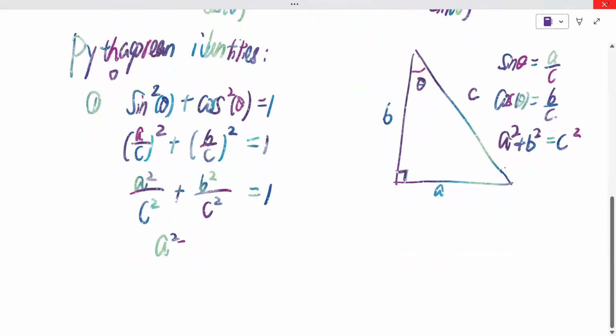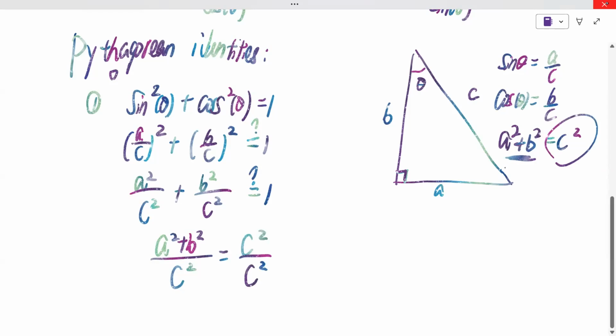So A squared plus B squared, question mark, over C squared. And we know A squared plus B squared equals C squared. So this is the same thing as C squared over C squared. That is 1. So basically we proved the first Pythagorean identity. Any question about this?